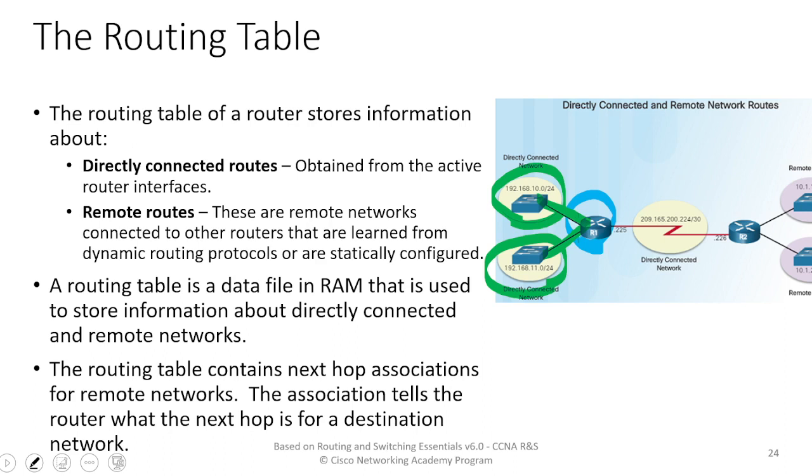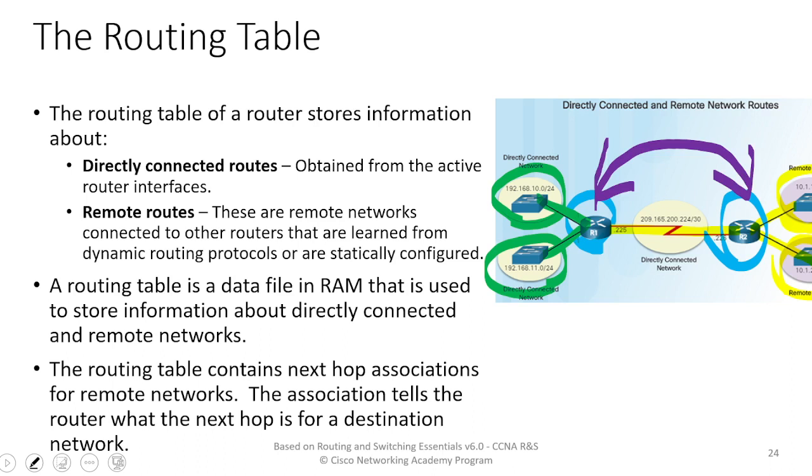Then it will also have connectivity to another router, and through that router it knows two other networks. Routers will have certain communication protocols that they use to exchange this information. This is something that we will discuss in more detail later.